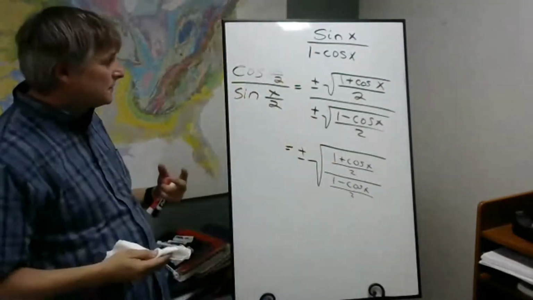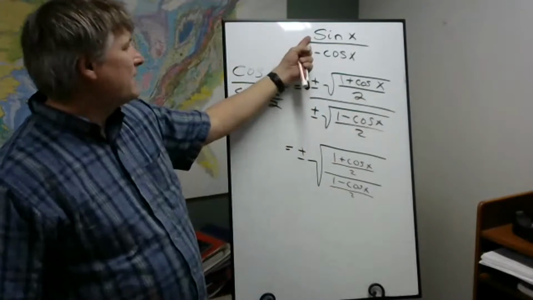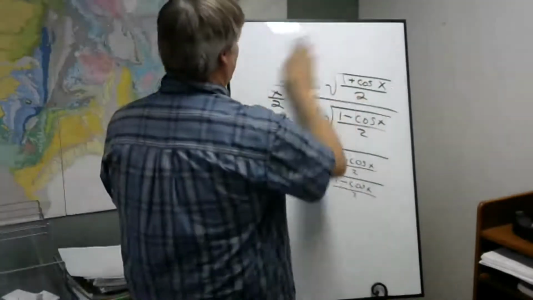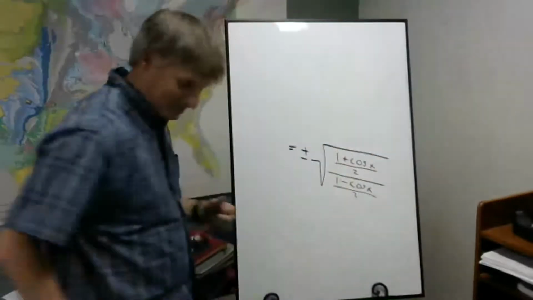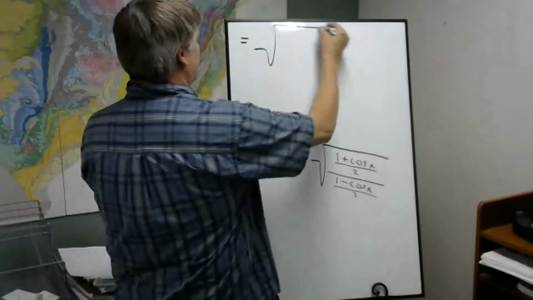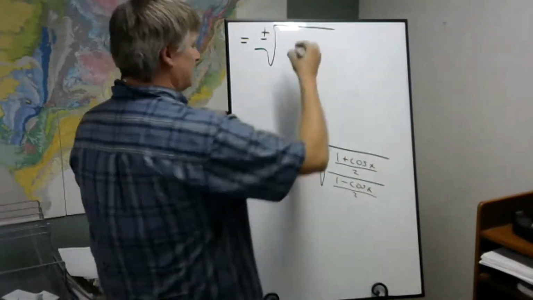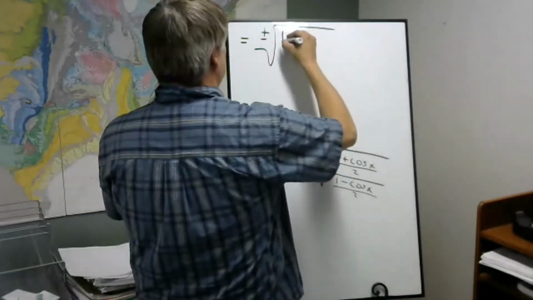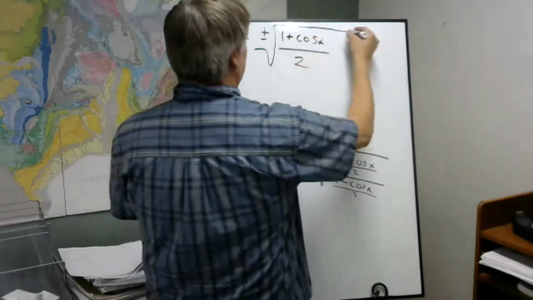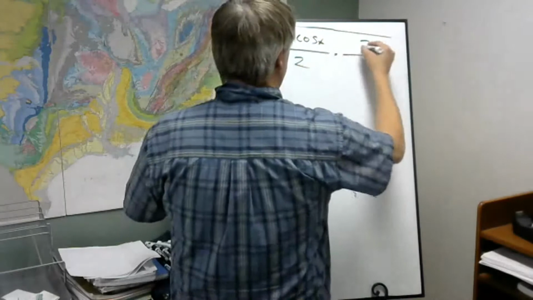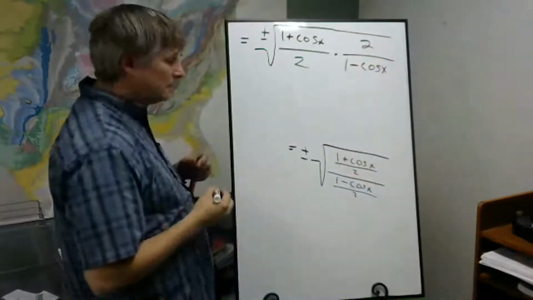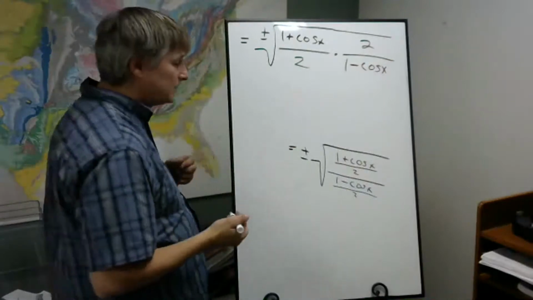Now, is this going to do us any good? Well, let's keep in mind, this is sine x and 1 minus cosine x. Now this will become like so. Do our KFC with fractions.